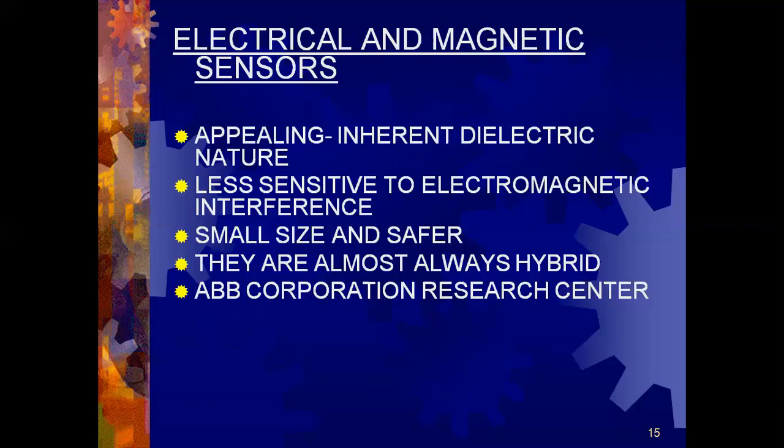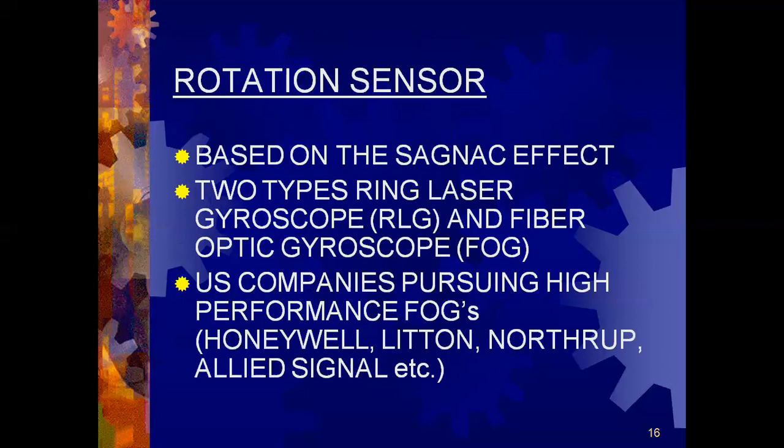ABB Corporation Research Center is doing this kind of sensor. Rotation sensors are based on the Sagnac effect, of two types: ring laser gyroscope and fiber optic gyroscope. US companies pursuing high performance FOGs include Honeywell, Litton, Northrop, Allied Signal, etc. These companies are doing research and manufacturing this kind of rotation sensor.